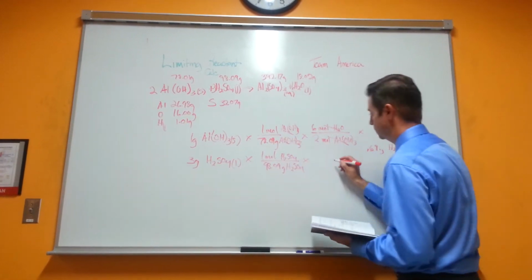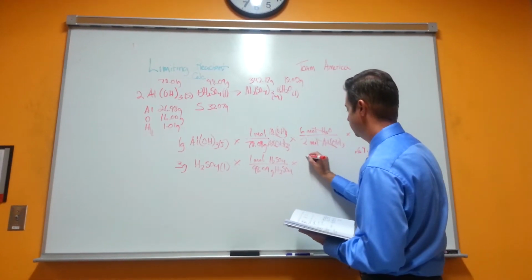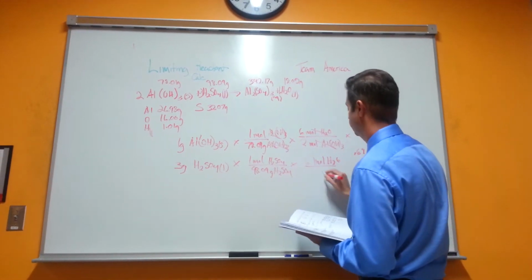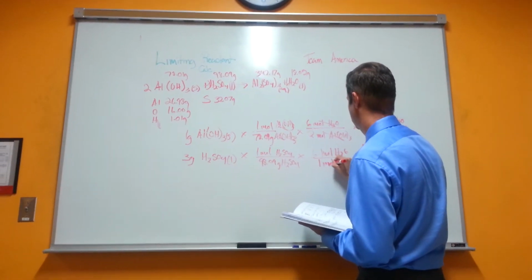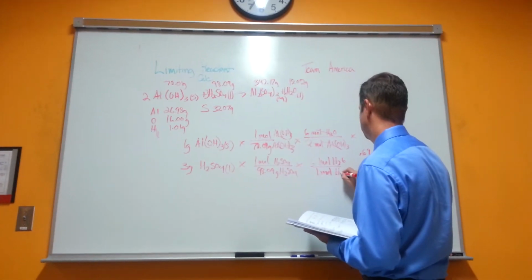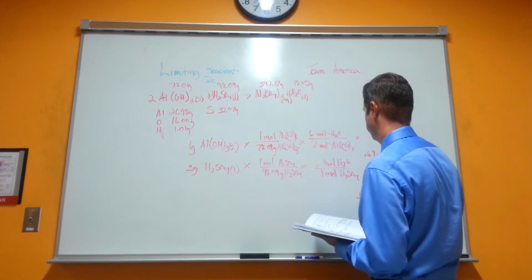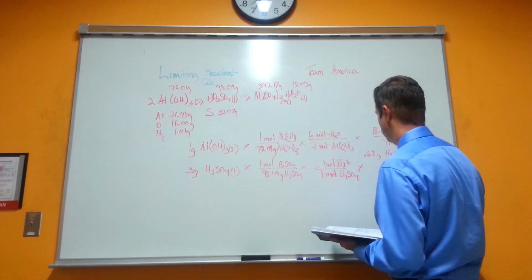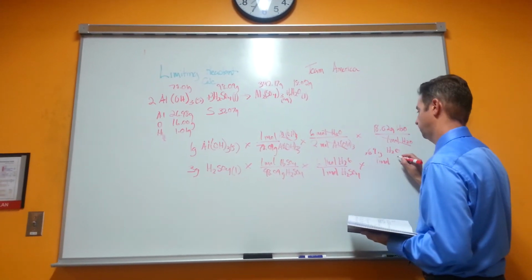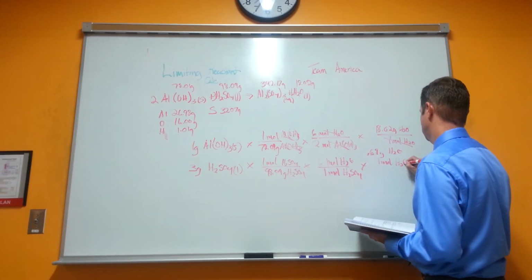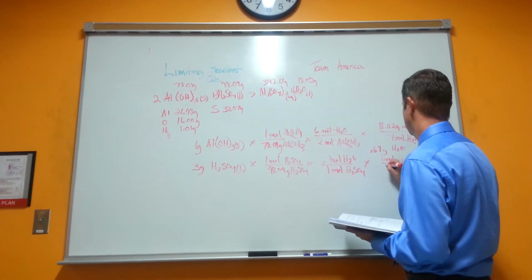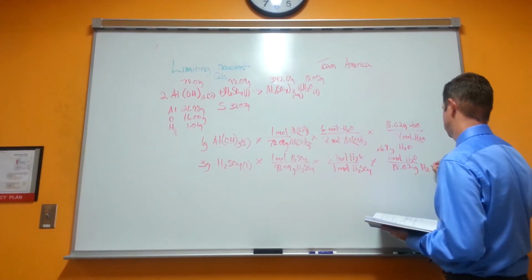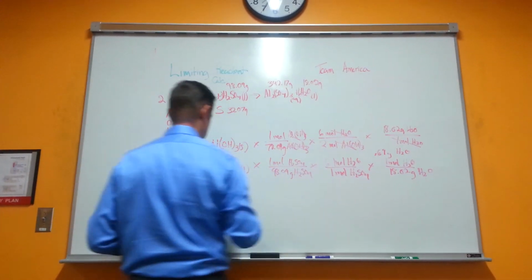Because we've got to figure out what we have from a water perspective. So we have 6 moles of H2O over 1 mole of H2SO4. Okay, now we've got to figure out how much water we have. So for 1 mole of H2O equals 18.02 grams of H2O.